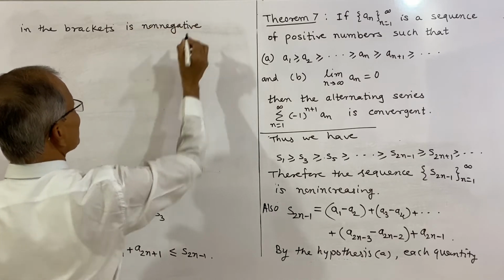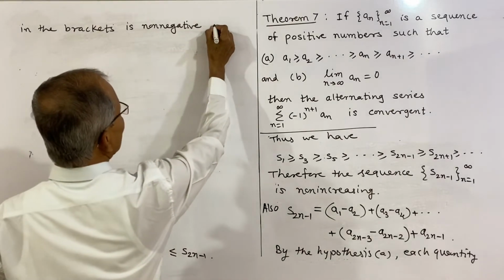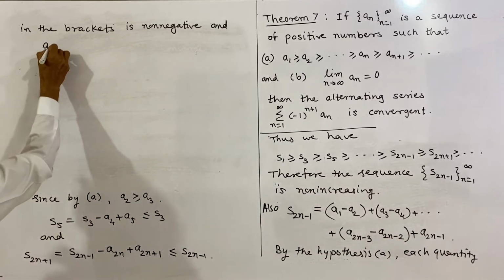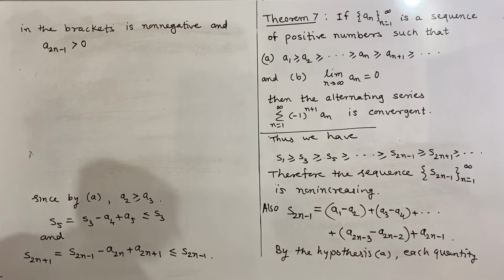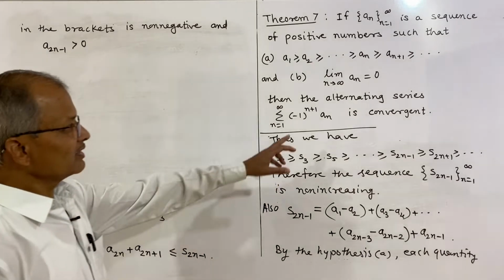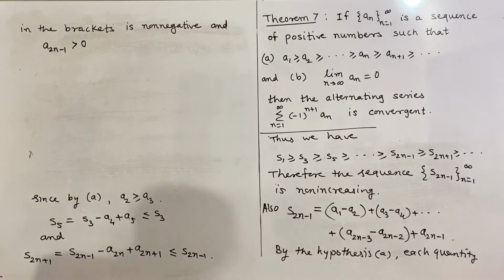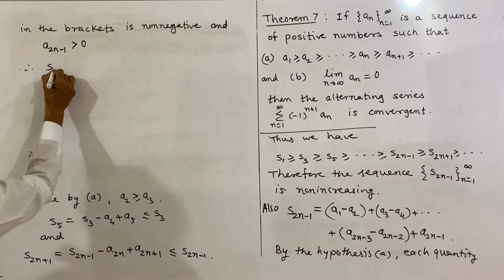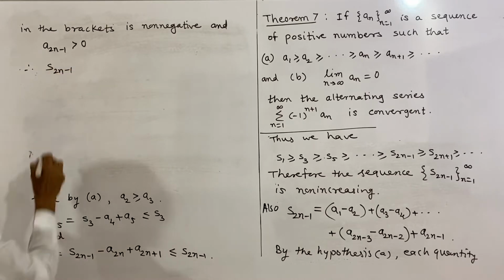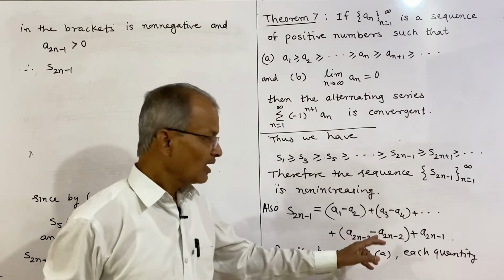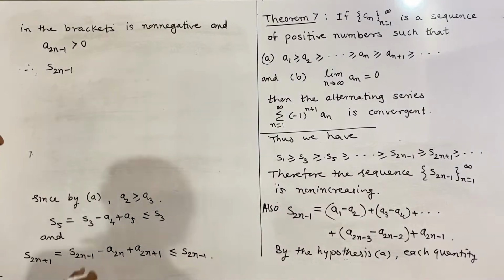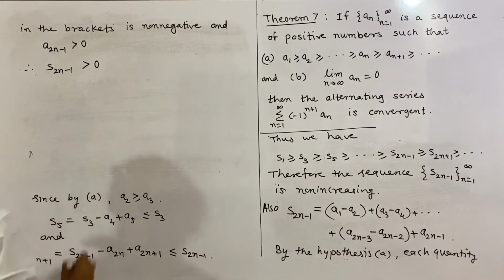Each is non-negative, and the last is a2n minus 1, that is positive by definition of alternating series. Each term is positive and its sign is considered separately, so it alternates. So, therefore, what about S2n minus 1? That becomes greater than 0. Each quantity is non-negative and the last is positive, and therefore S2n minus 1 is greater than 0 for all n.